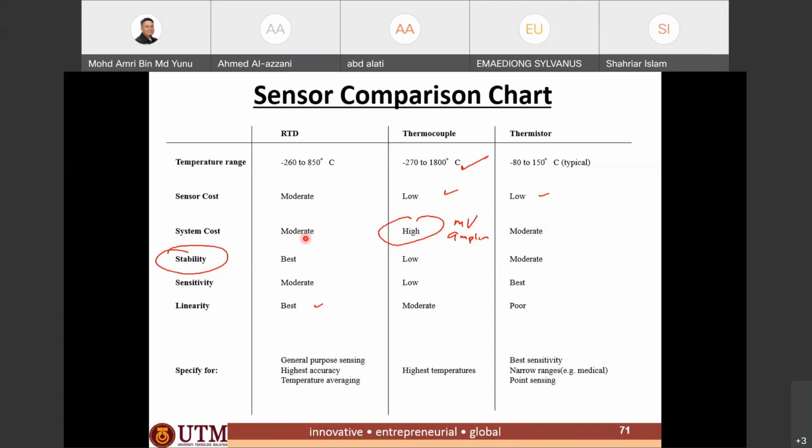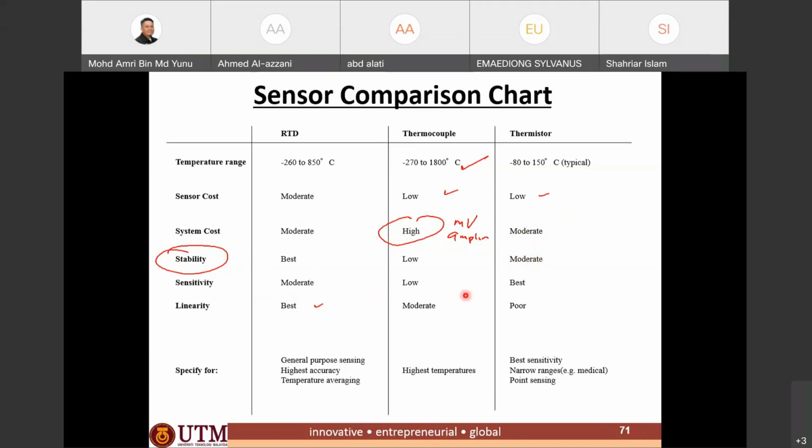But for RTD and thermistor, we have to supply a power source because they are passive sensors. In terms of stability, RTD is the best, thermocouple is low, thermistor is moderate.